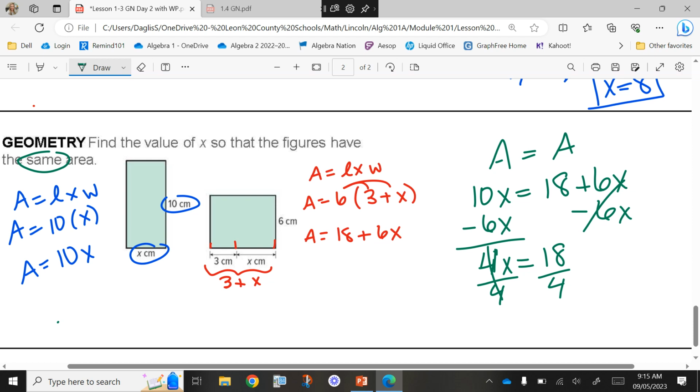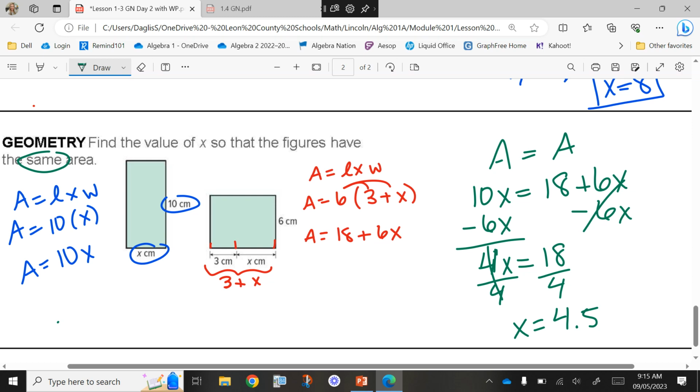18 divided by 4 is not going to be a whole number, but it's not that bad of a decimal. What is 18 divided by 4? It's in between 4 and 5. It's actually 4.5. Because 16 over 4 would give you 4, and 20 over 4 would give you 5.